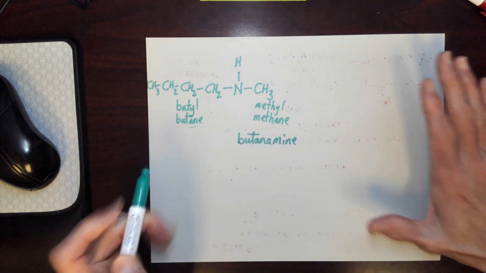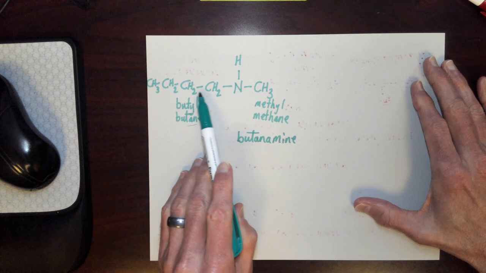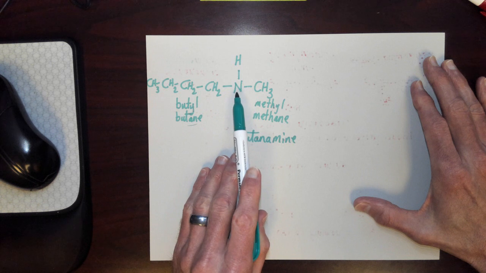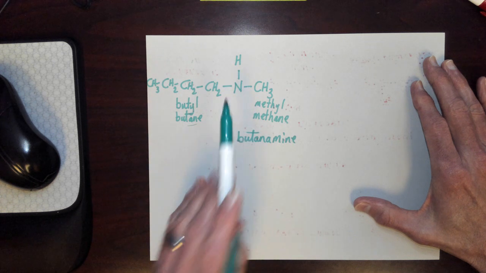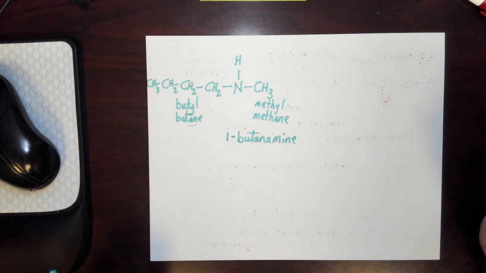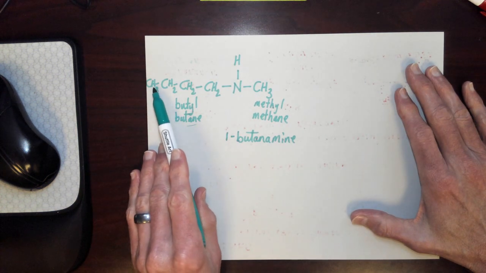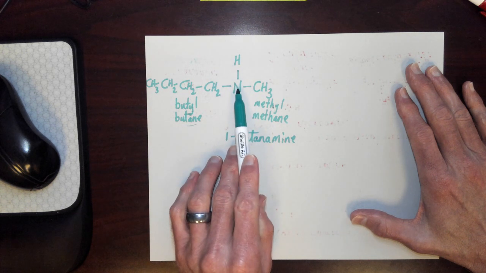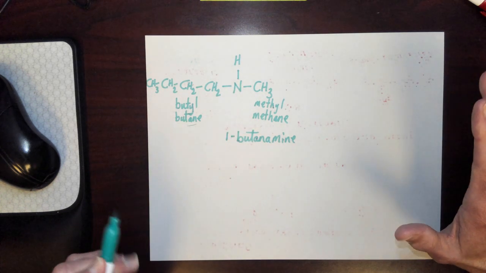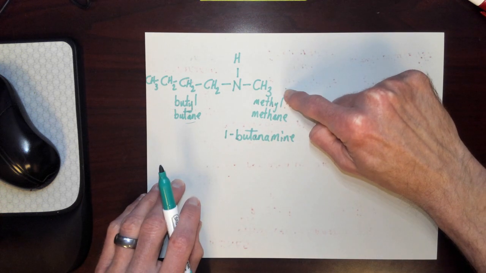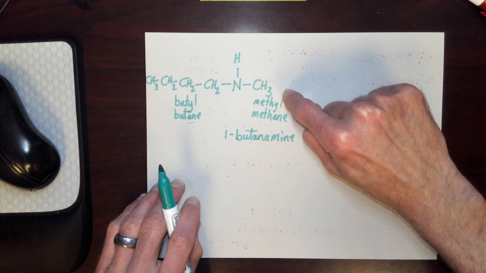Now remember, if that chain is 3 or more carbons, and nitrogen's attached, we've got to acknowledge a numerical location, so it's on the number 1 carbon, so we're at 1-butanamine so far. That is acknowledging that the butane's 1st carbon is attached to the nitrogen. Now we have to acknowledge the methyl over here.